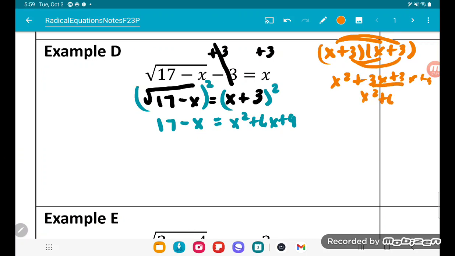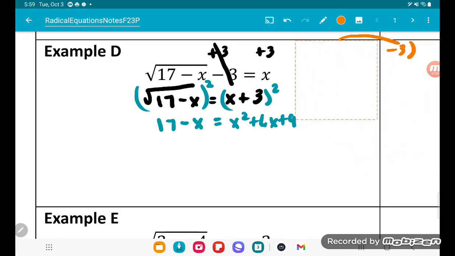So x squared plus 6x, because you combine like terms in the middle, plus 9. It turns into a trinomial. Please remember, when you have that binomial squared, the same binomial, and you square it, it turns into a trinomial.